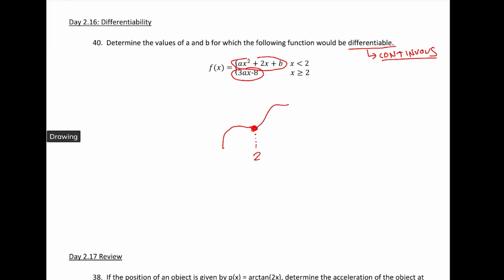And so you have a nice smooth curve, right? No sharp turns or anything like that. Okay, so let's see what we can establish if we're going to assume that the function is both continuous and differentiable.